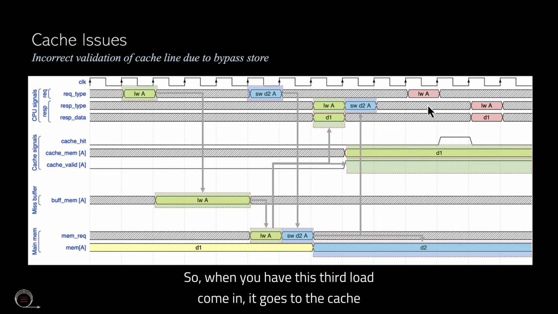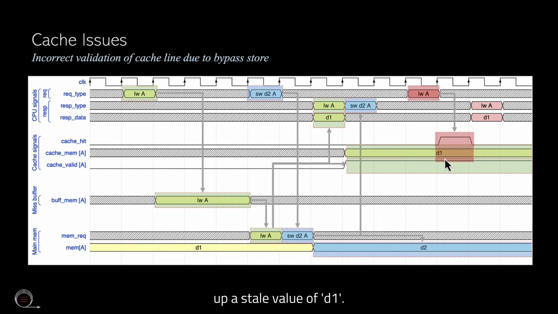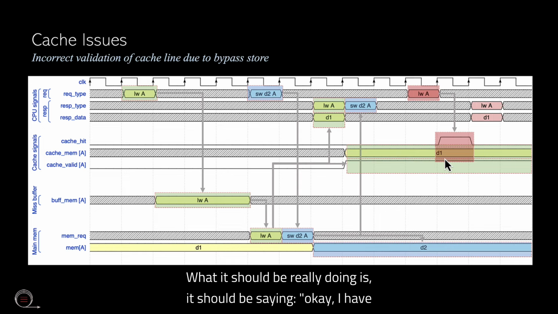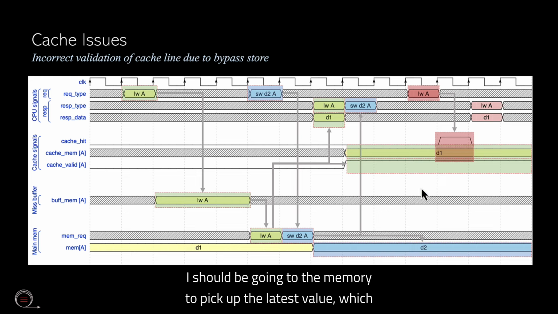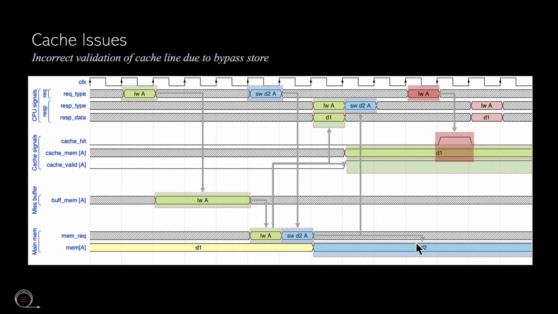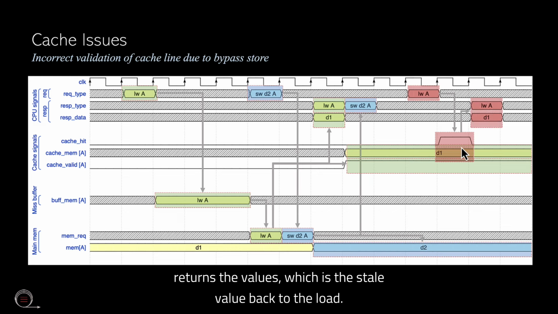So when you have this third load come in, it goes to the cache for a lookup, and because the cache line is not rendered invalid, it picks up a stale value of D1. What it should really be doing is saying, okay, I have an invalid cache line, I should be going to the memory to pick up the latest value, which is D2. But instead of picking up D2, it picks up D1 and returns the stale value back to the load.